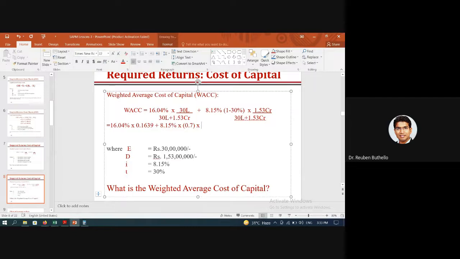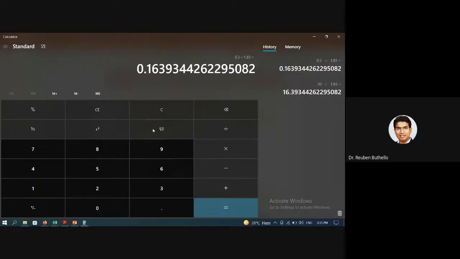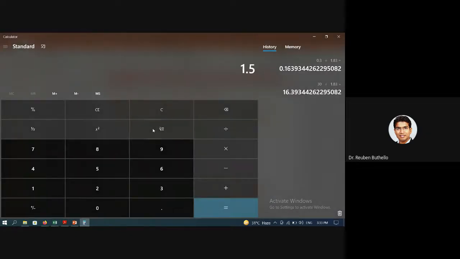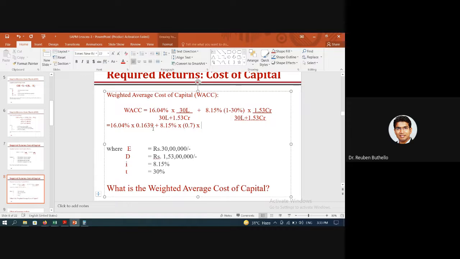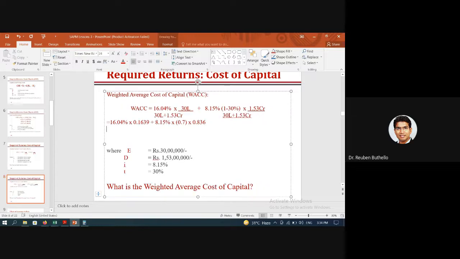1.53 divided by 1.83. I get 0.836. Can someone solve this and give me quickly?